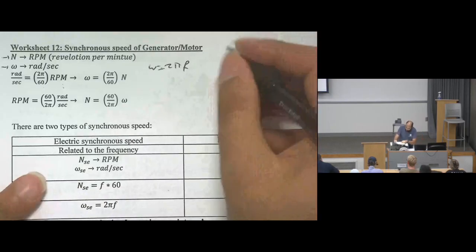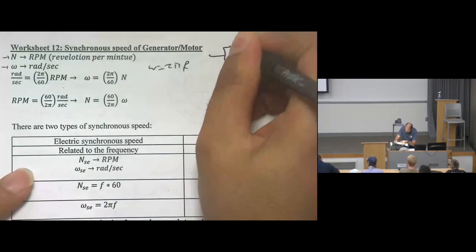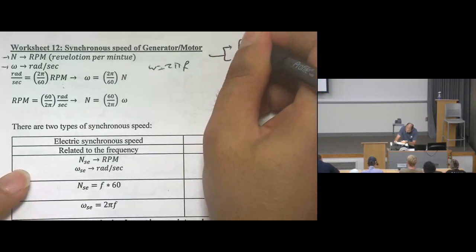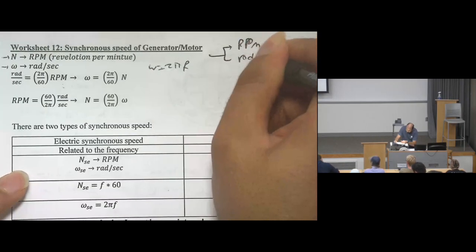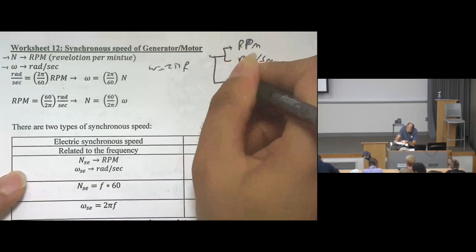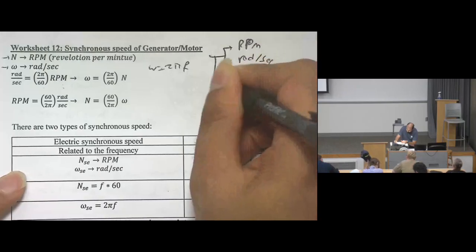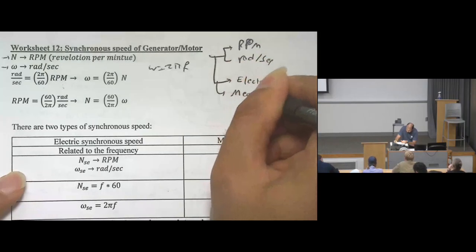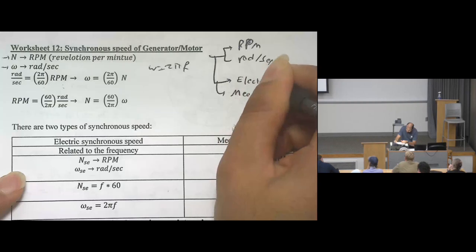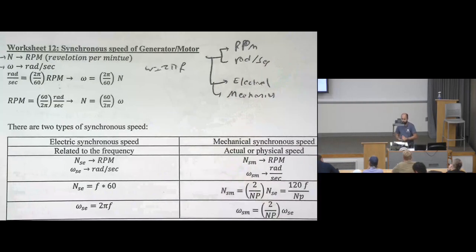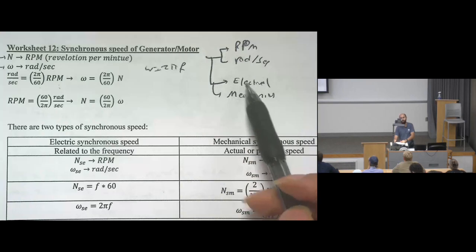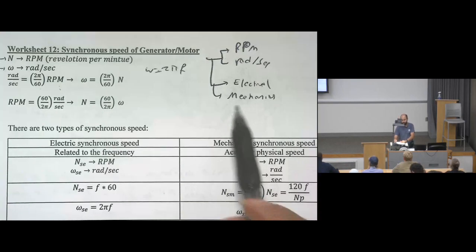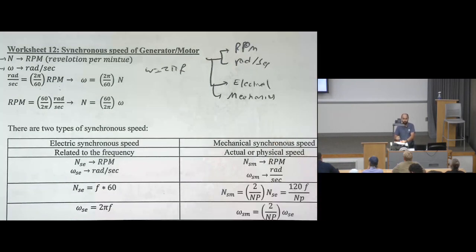So now we know that the speed can be in RPM or in radian per second. Also, the speed can be electrical or mechanical. You need to know these four definitions and the difference between them: electrical speed in RPM, electrical speed in radian per second, mechanical speed in RPM, and mechanical speed in radian per second.